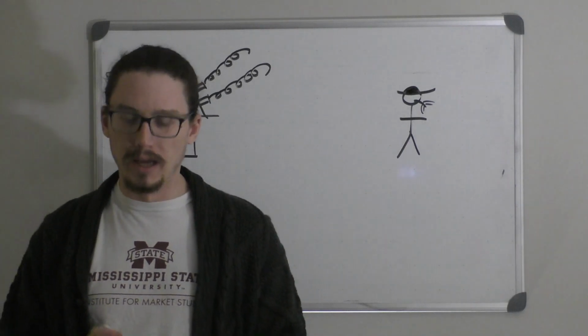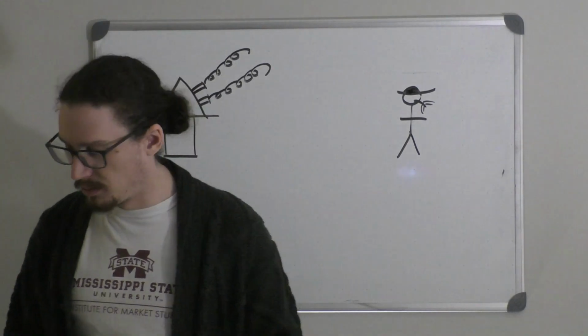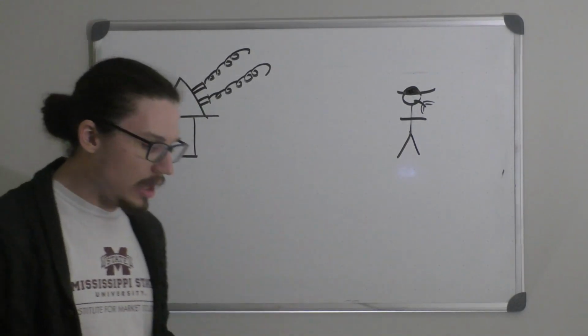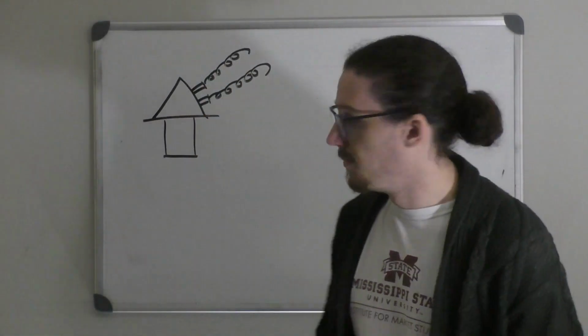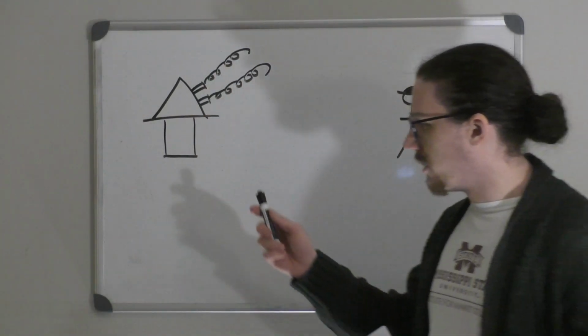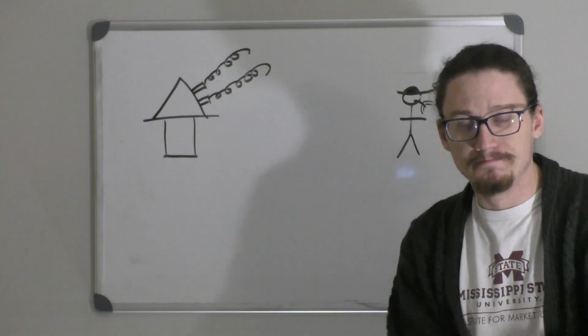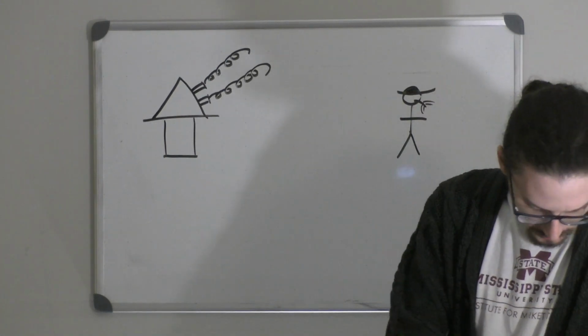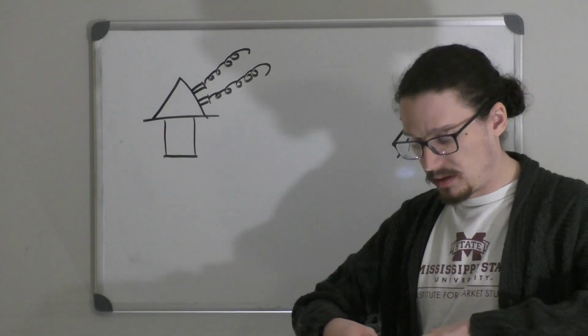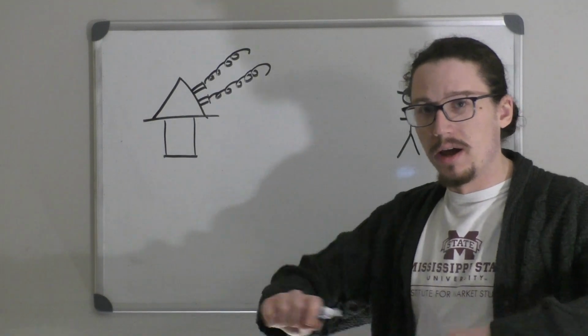You probably didn't think I literally meant illustrate it, but here we are. So I'm going to pose a situation to you. There is a factory. This factory is on a river.